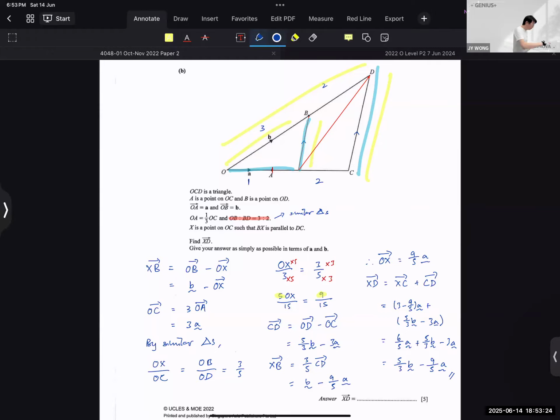Okay. I do think that this is slightly easier than the past 2 years vector question. I think the last 2 years vector question is a little bit harder. Yeah, but that's life. Vector question at the O levels is never easy one. Okay? Can understand what's happening or not?